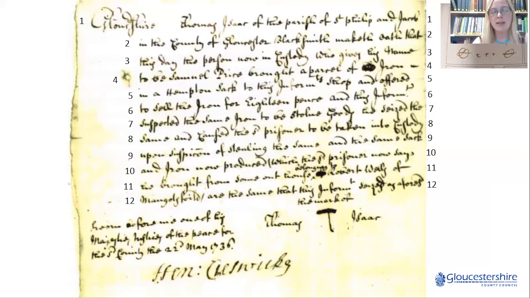But it's a clear example of where you could just get really caught out by the fact that the word ends before you think it's going to, and then you've got a weird little thing in the corner which doesn't really look like a TS. "Shop and offered to sell the iron for 18p." I think that's all okay, but if anyone has any queries about that, just let me know.